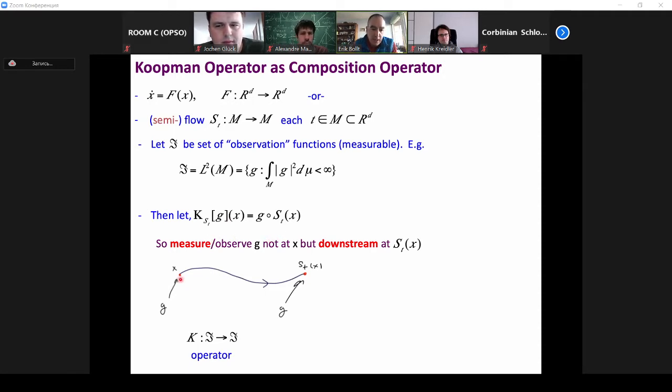And that's what the Koopman operator does. It says, okay, so I have my point x flows to s_t of x under the map or the ODE, or I can measure a function g at x, like temperature, and I can measure g downstream at s_t of x. What this operator does is it says, tell me the temperature downstream, but report it at x: g composed with s_t.